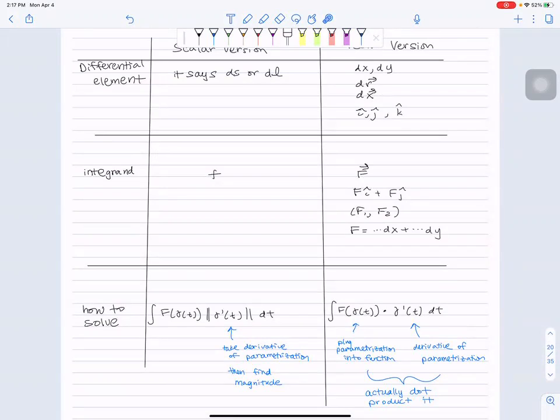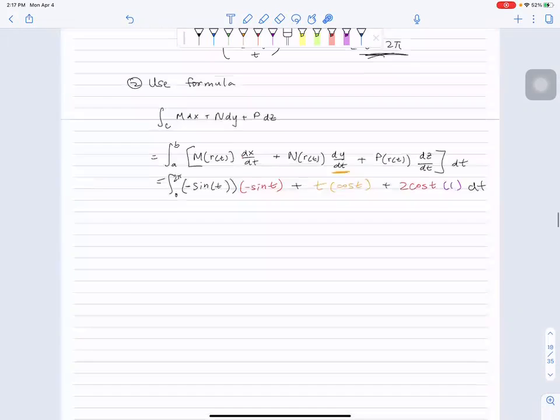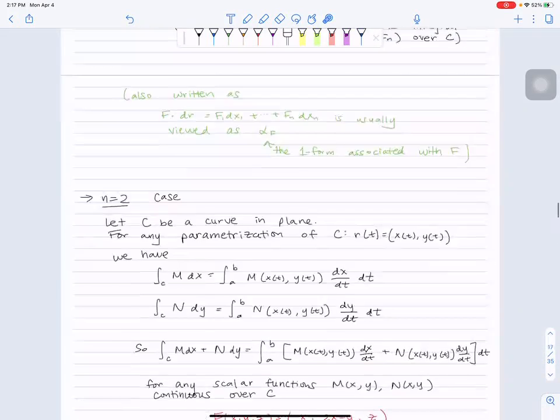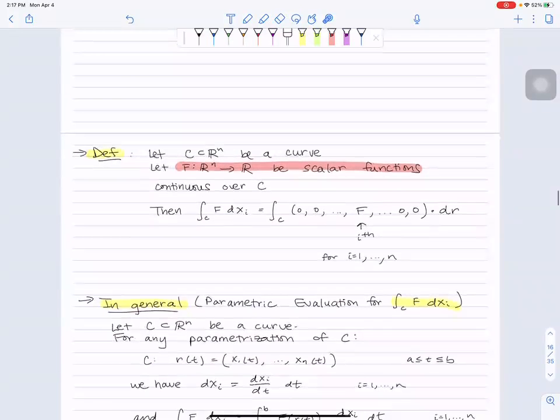How is it distinct again from the scalar form?